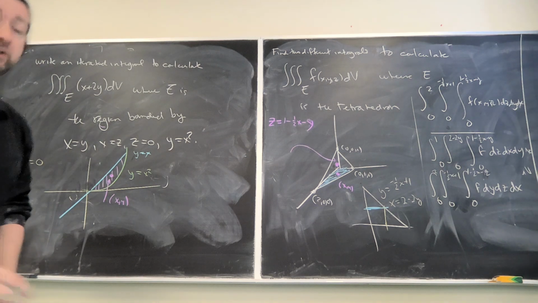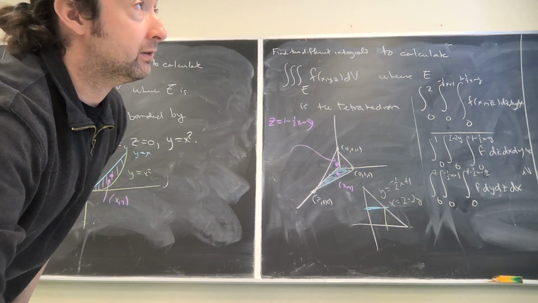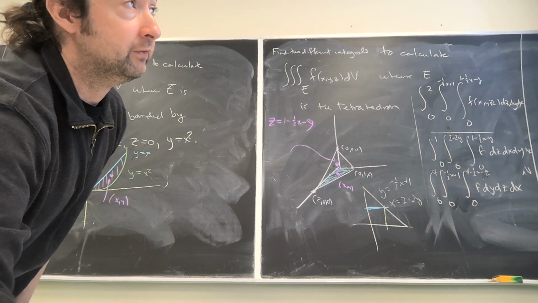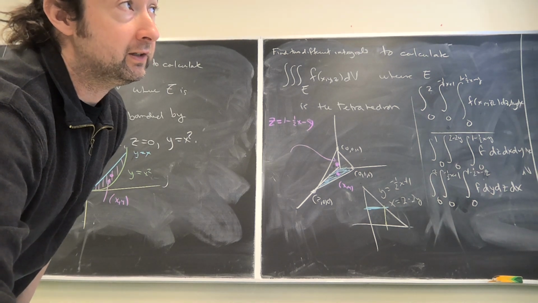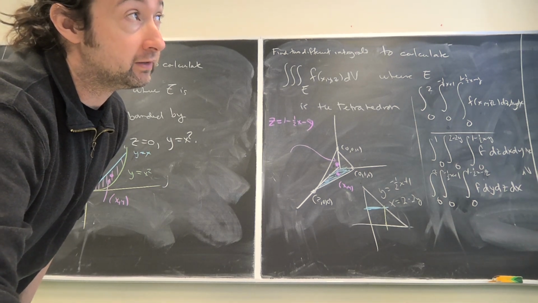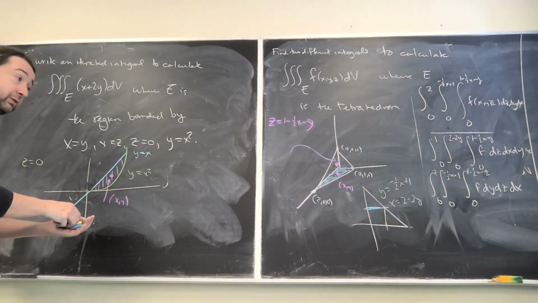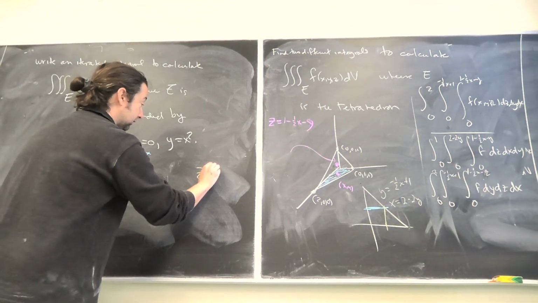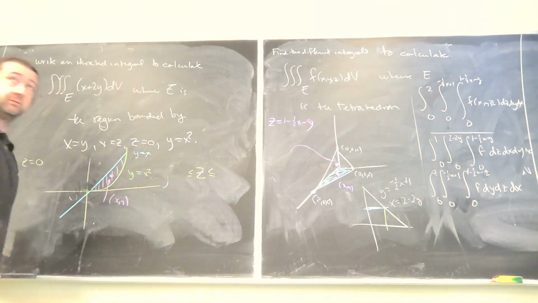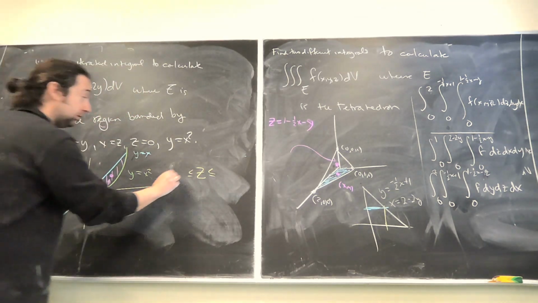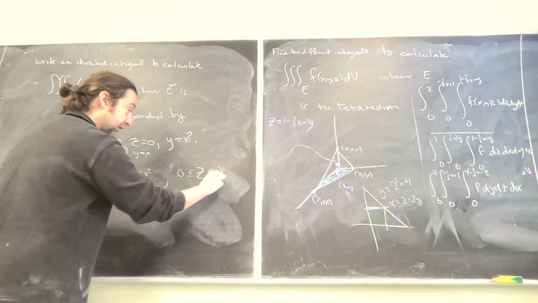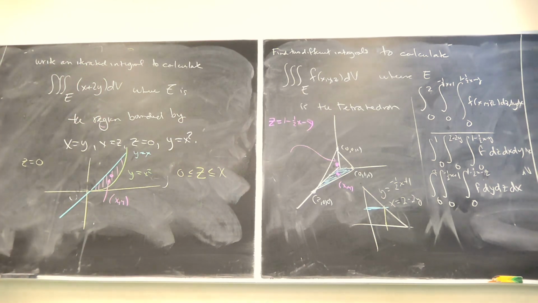For that particular value of x and y, where do we travel between? If I'm inside this little room and the floor is down here and the ceiling is up here, then I know that I'm traveling for z values between what and what? Between 0 and z equals x. The orange plane is the z equals x plane.